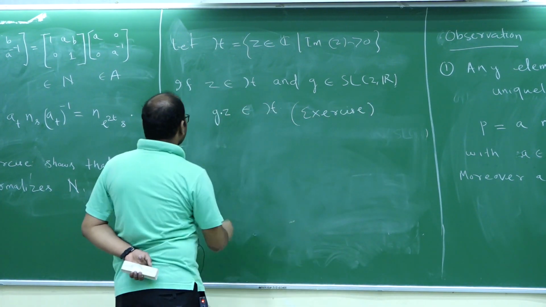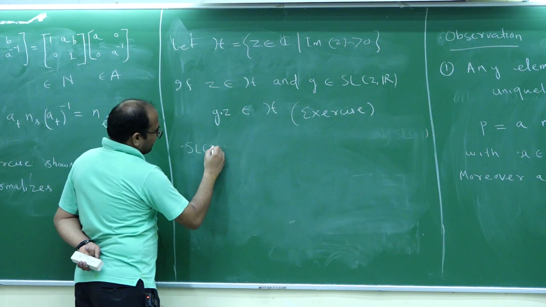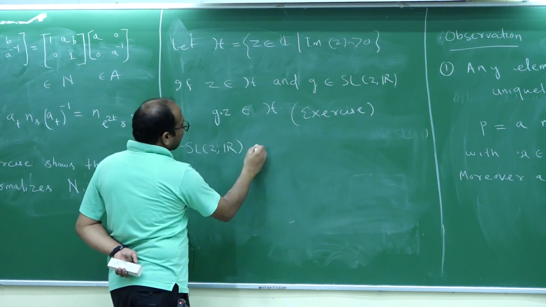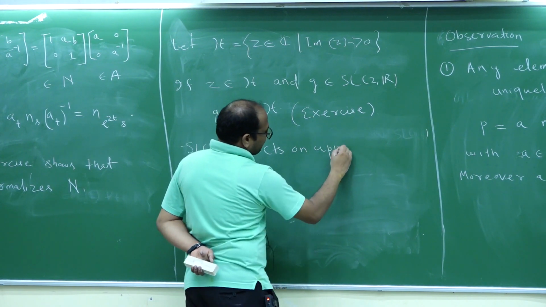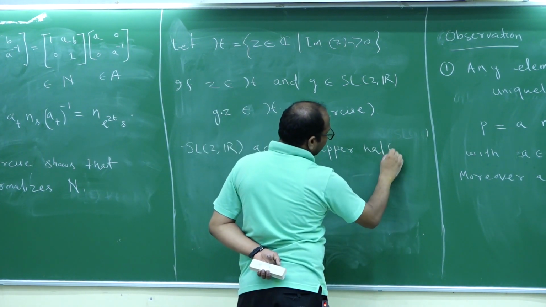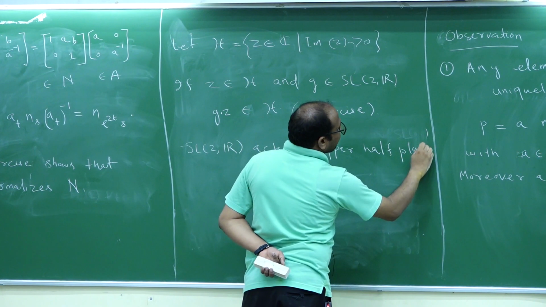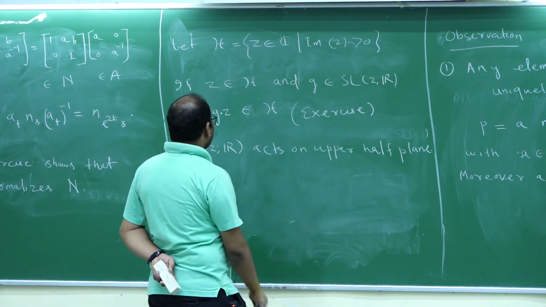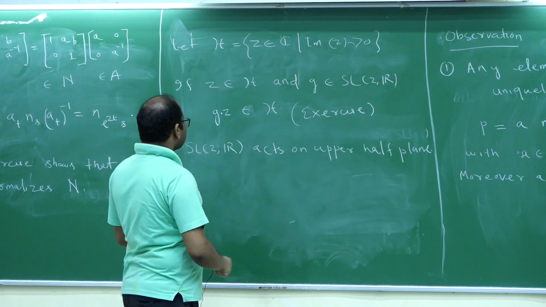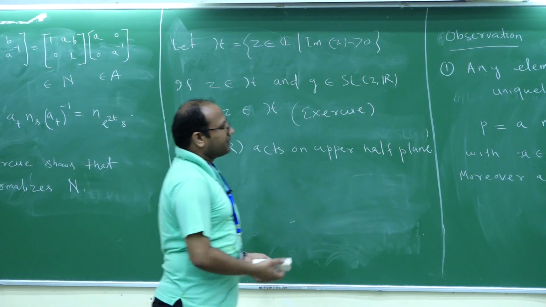So that means we have an action of G on H. Now you want to really analyze what the action of the subgroups is on the upper half plane.